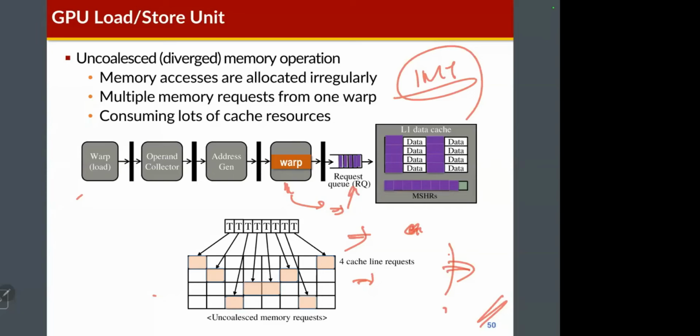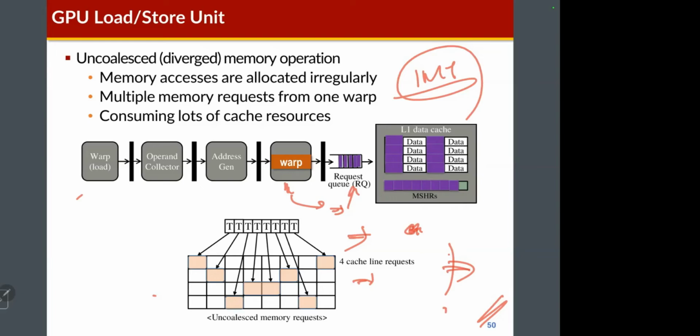That's why recently GPUs are called general purpose GPUs. But this means that some types of general purpose applications exhibit uncoalesced memory access, so very diverse memory access patterns.